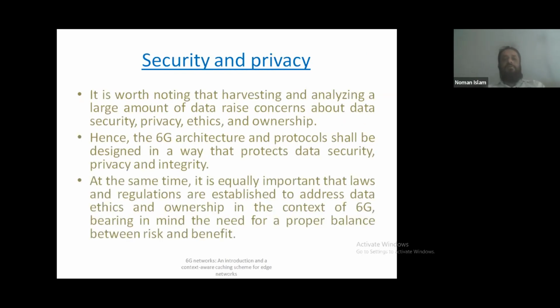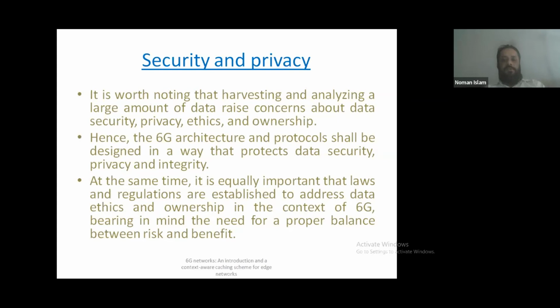However, it is worth noting that using such a large volume of data, everything is analyzed, everything is recorded, the provenance data is recorded. For example, for modeling a blockchain in the 5G or the 6G network, there might be issues about data security, privacy, ethics, and ownership.